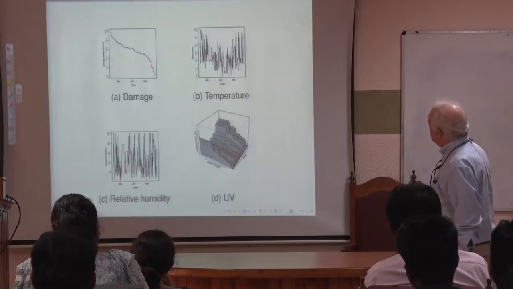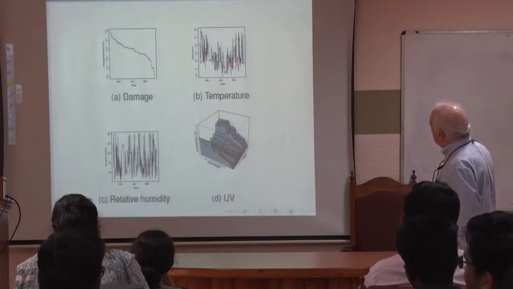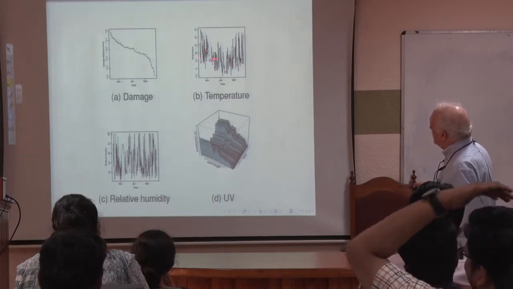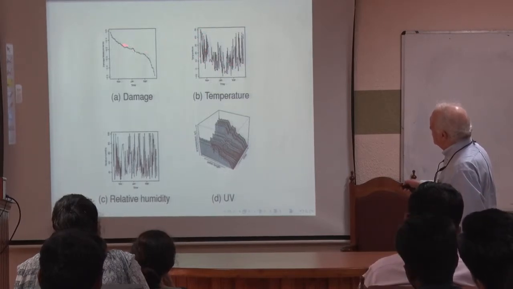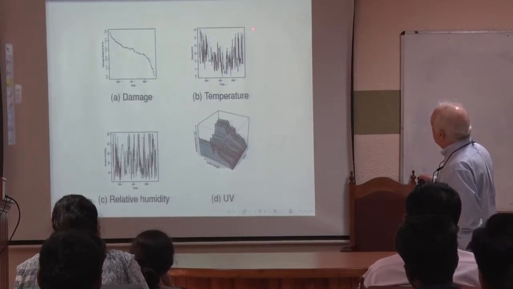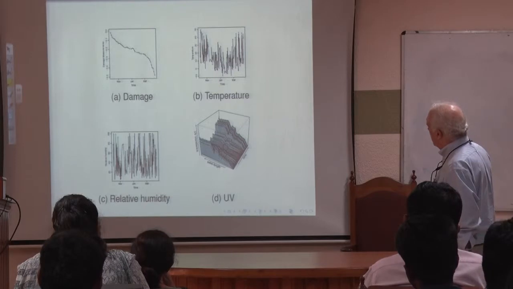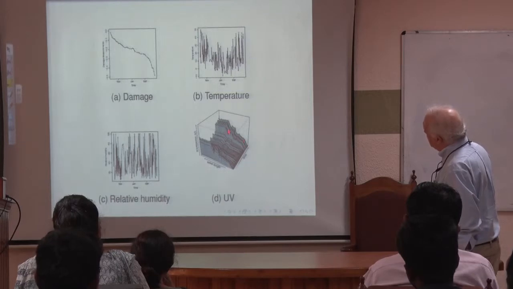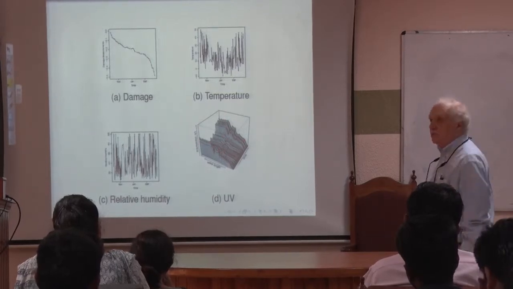There's the damage. And here's the temperature. So just as I said, it's sort of warm, and then it gets cool in the winter. That's this period here. And then we're getting into the spring and summer again, and the temperatures are going up. This is the UV spectrum, and this is UV time. And again, you can see in the summer, there's more UV than in the winter.